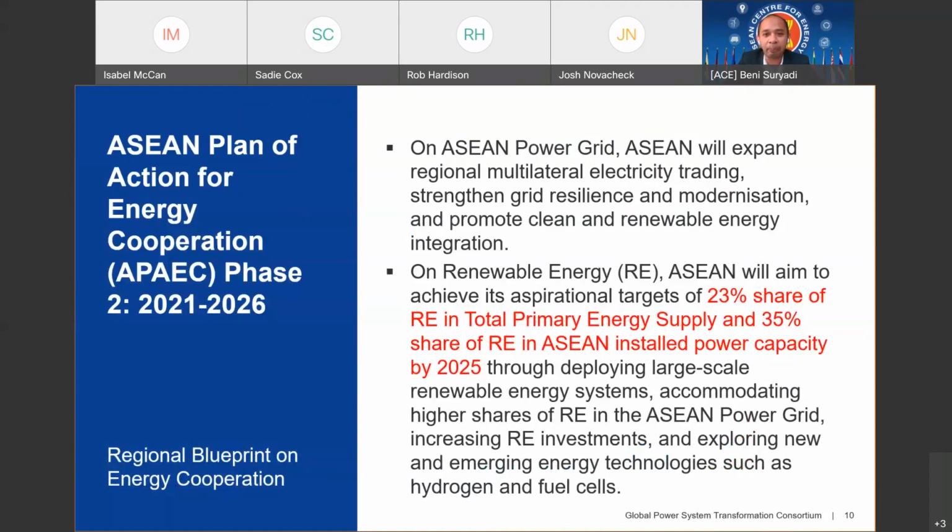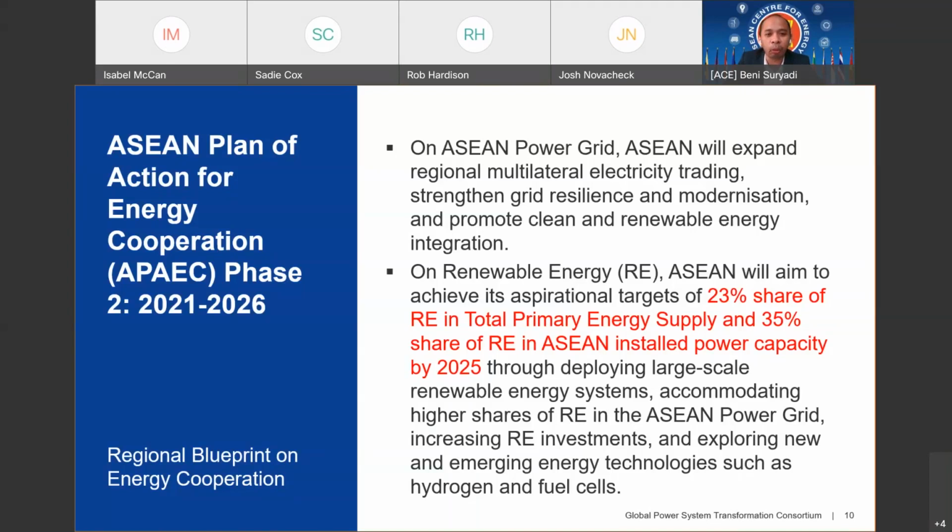This is a 5-year plan endorsed by the Ministers of Energy from all 10 countries in this region, which drives the goals of the region to achieve energy security, energy accessibility, affordability, and sustainability for all. It has 7 focus program areas.